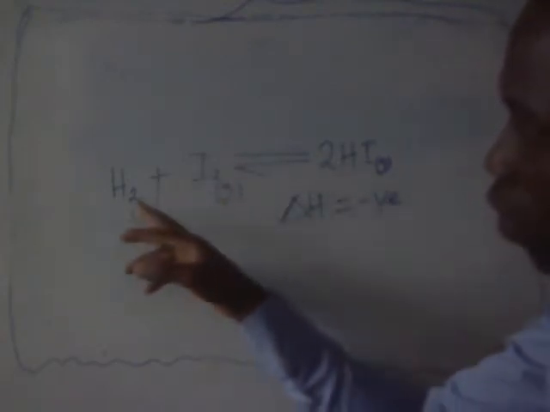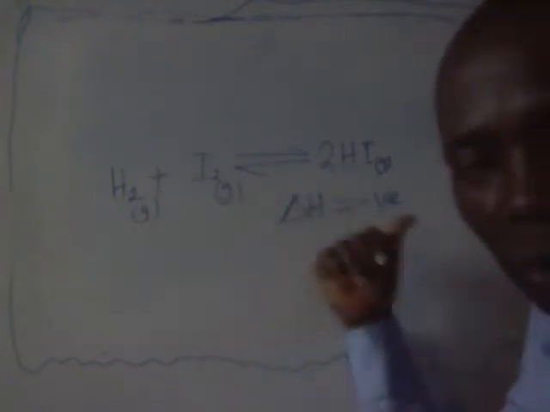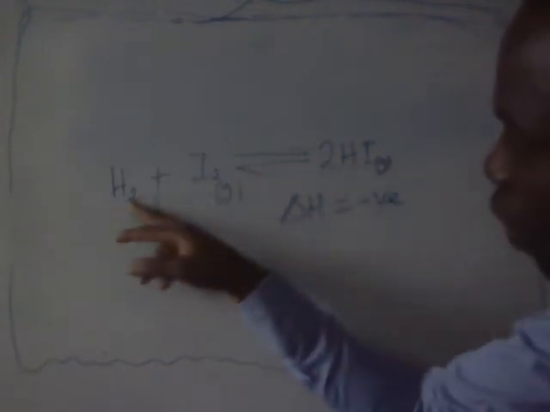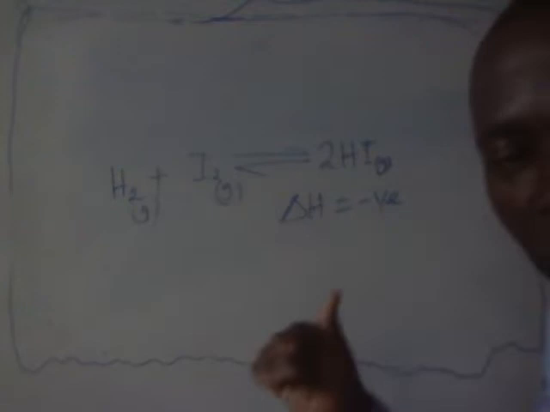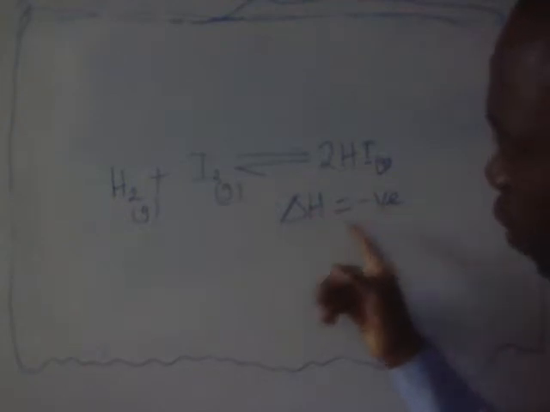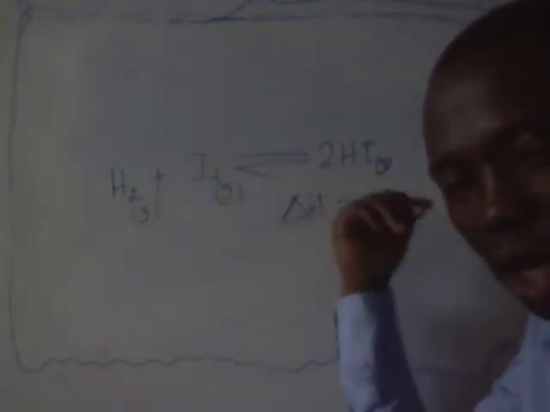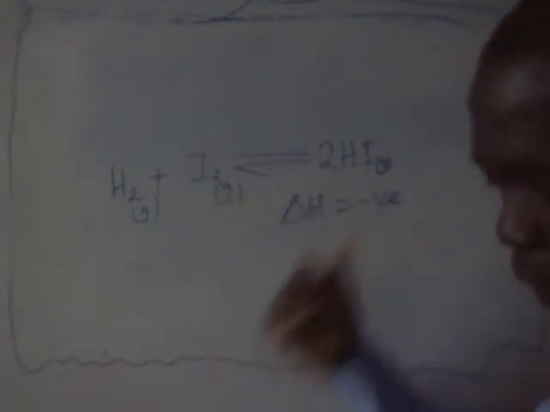The forward reaction is when hydrogen gas reacts with iodine gas to give hydrogen iodide. The backward reaction is when hydrogen iodide decomposes to give hydrogen gas and iodine gas. From left to right is forward, from right to left is backward. So whenever delta H is negative, lowering the temperature of the system favors the forward reaction.